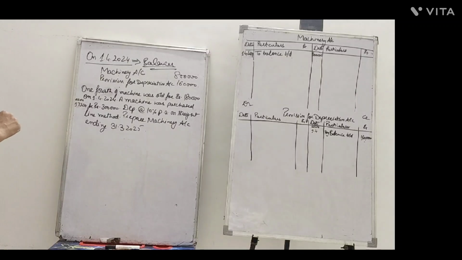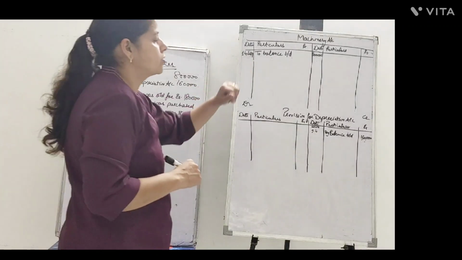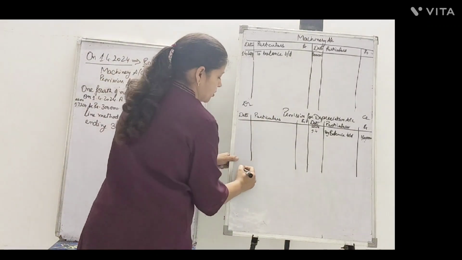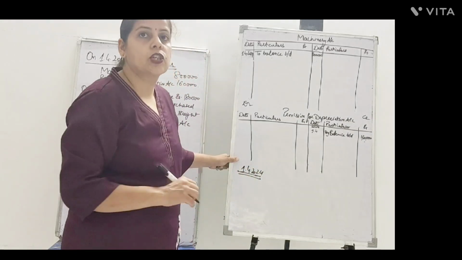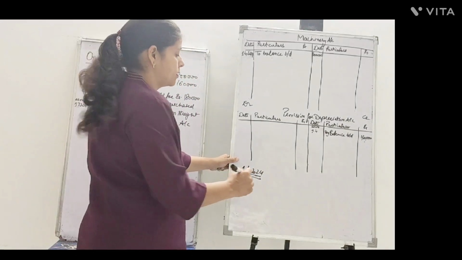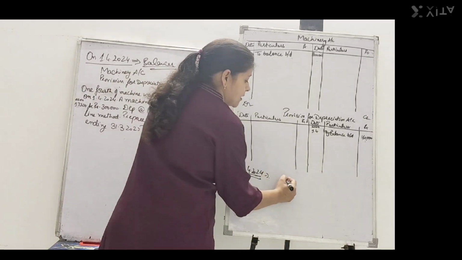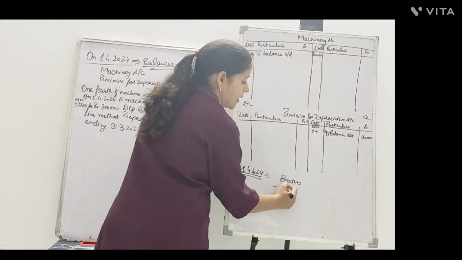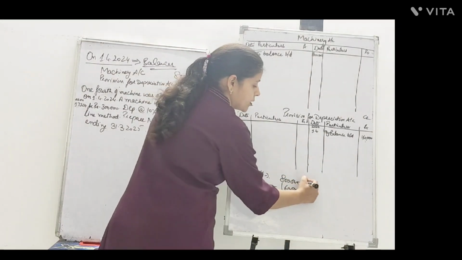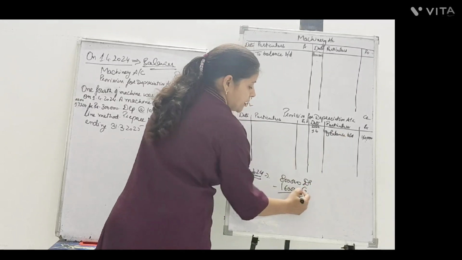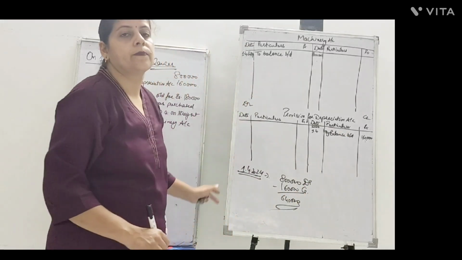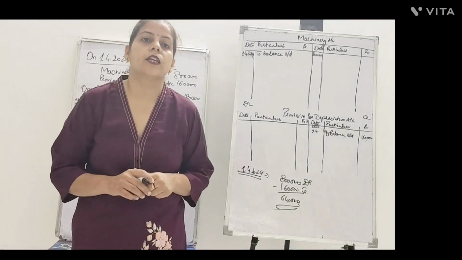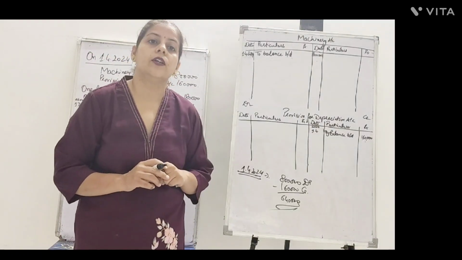So if I have to ascertain what would be the balance of the machinery as on 1st April 2024, that is rupees 8 lakh minus 1,60,000 provision for depreciation, so the balance of the machinery is 6,40,000. In the limitations of accounting, you have studied one limitation, window dressing.